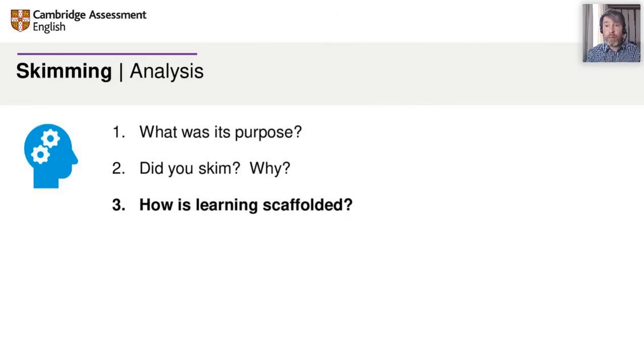That didn't stop once we'd done the reading. Feedback was a very important stage. I asked you to justify your answers and to show where you got your answers from by highlighting relevant areas of the text. So those are all ways in which learning was scaffolded.